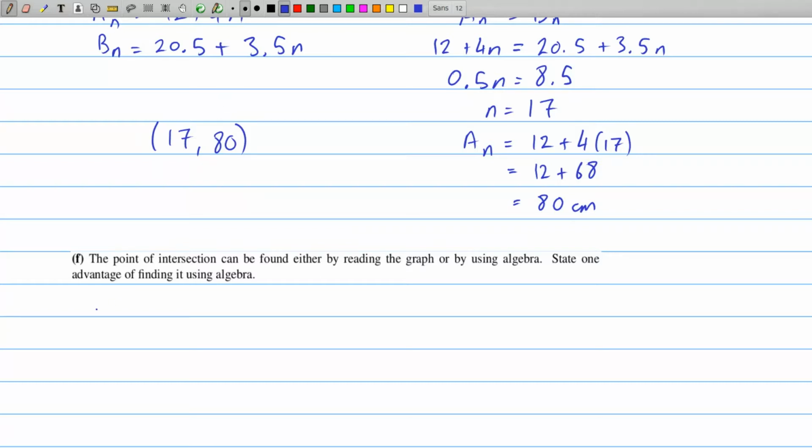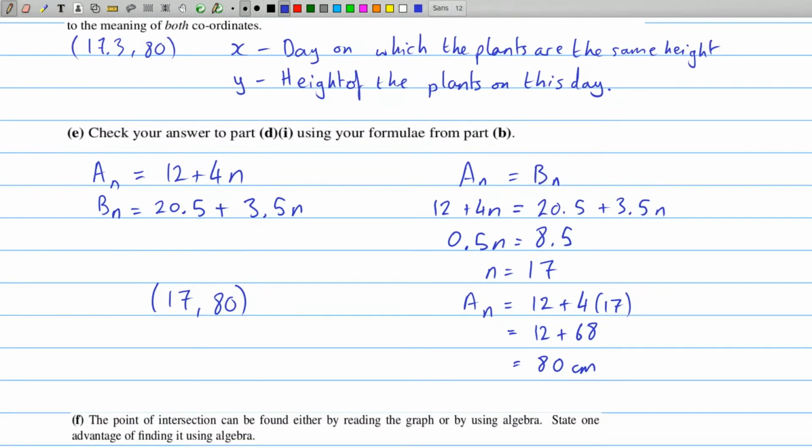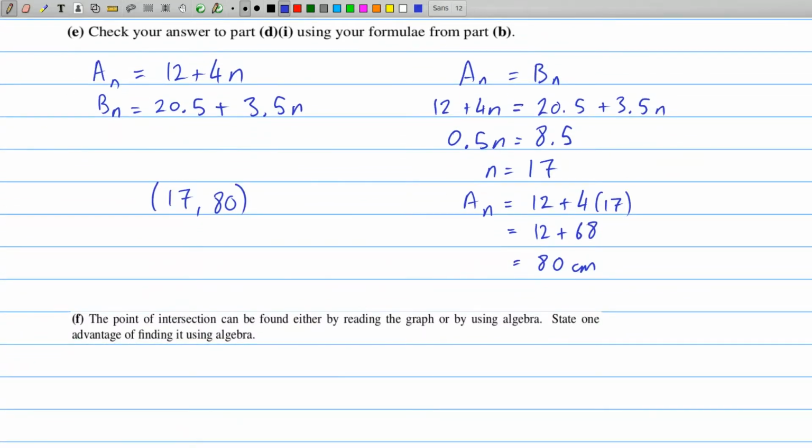Well, it's kind of illustrated here in the example that I did, where if we use the graph, it looked like it was 17.3, so it was a little bit after day 17. The height was 80, but using algebra we got it to be exactly 17 days in and exactly 80 centimeters high, so algebra gives us accuracy essentially.